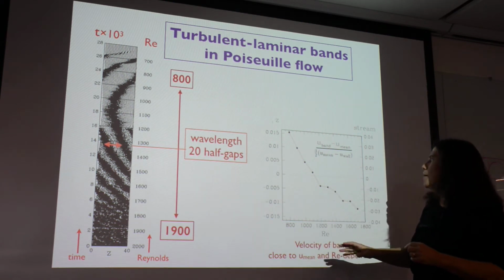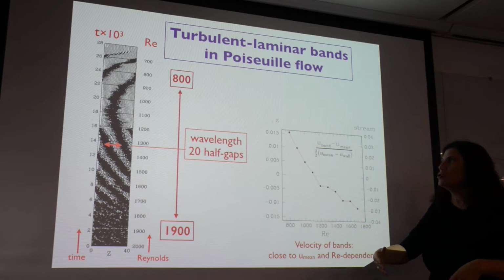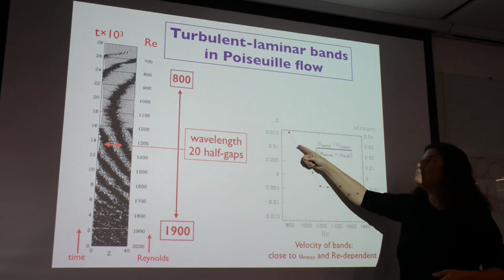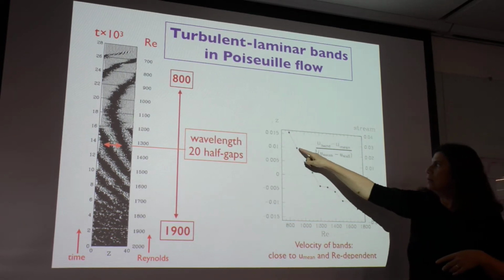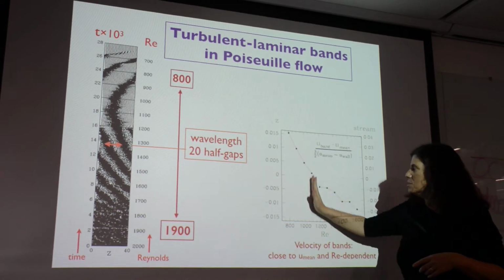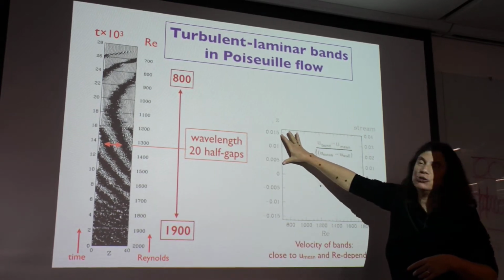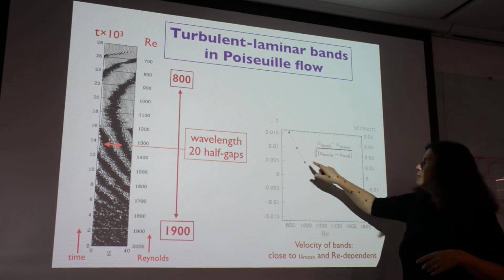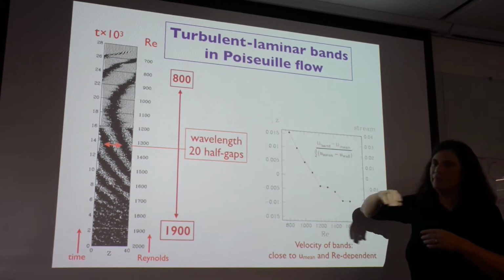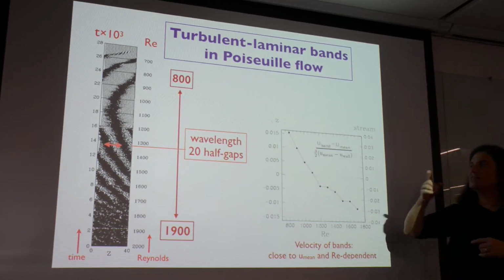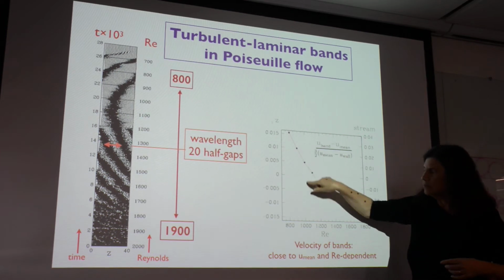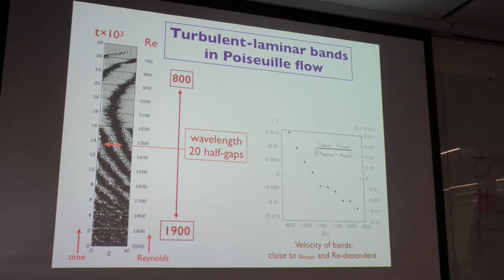Anyway, an additional measurement that's possible in Poiseuille flow is the speed with respect to the mean, which changes sign. It's quite small, as you see, if you divide by the Poiseuille velocity scale here. But it does have a change in sign.